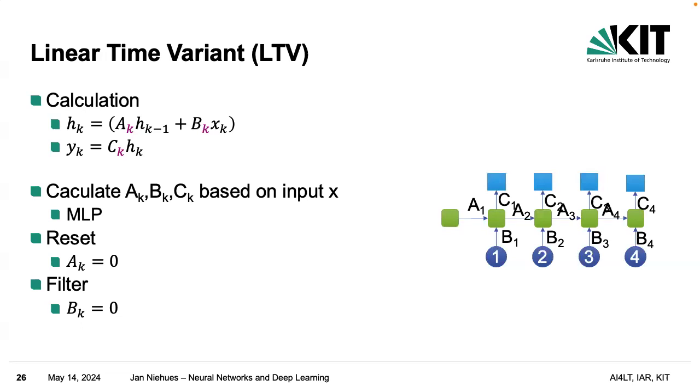For example, if we want to reset the hidden state, we can set AK, the matrix at the current time step, to 0. Then our hidden state, we see it very nicely in the formula, does not depend on the previous hidden state, but only depends on the input. Thereby, we have reset it.